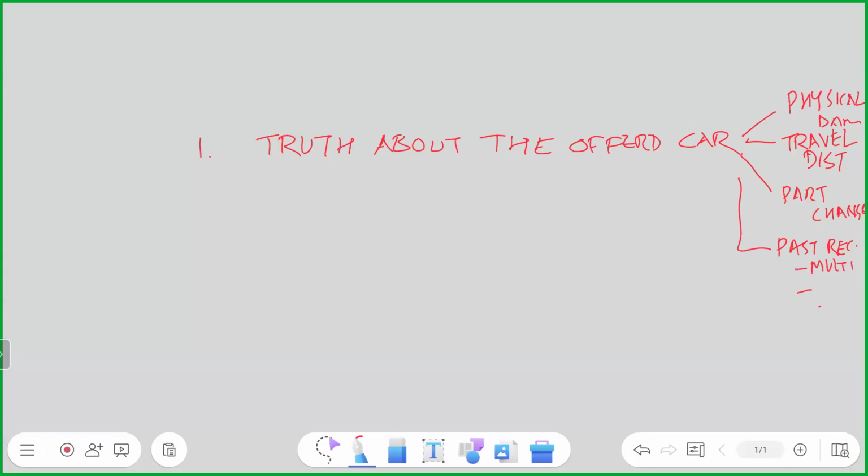But about the past records, accidental. Service records also. सर्विस रिकॉर्ड, मैं इसको इधर डाल देता हूँ। हाँ ठीक है, सर्विस रिकॉर्ड। Okay, so this is about truth.